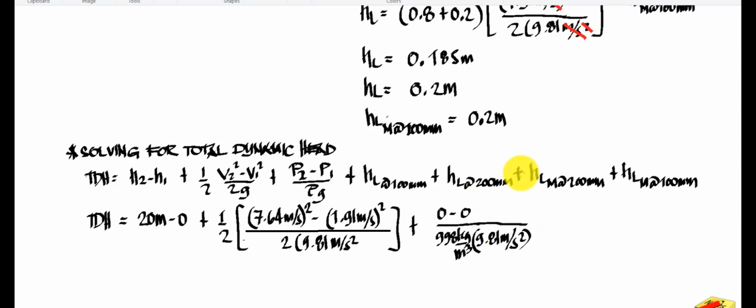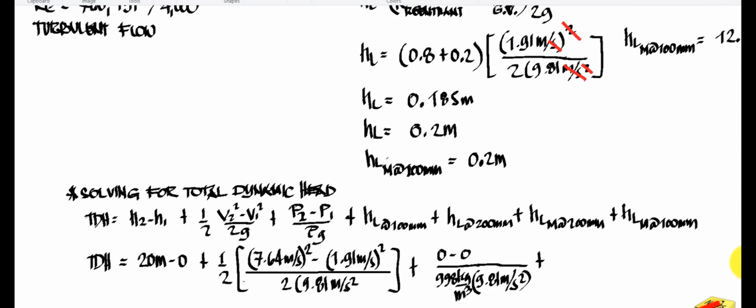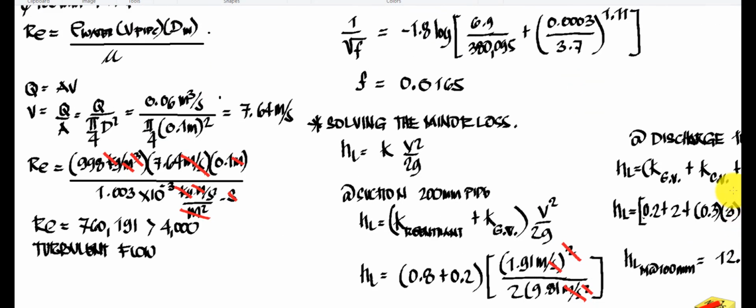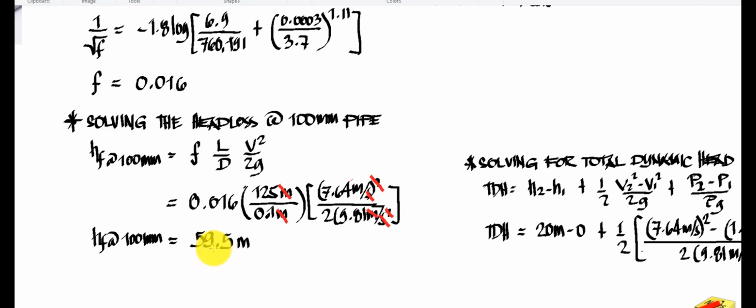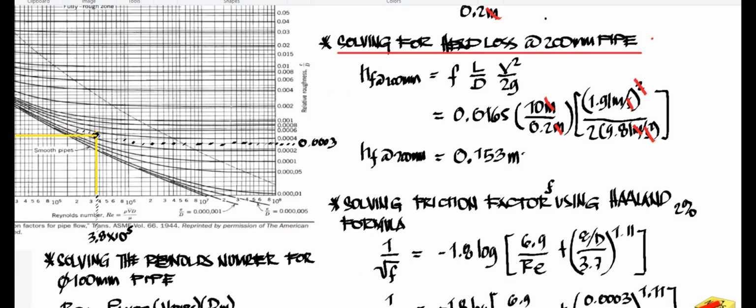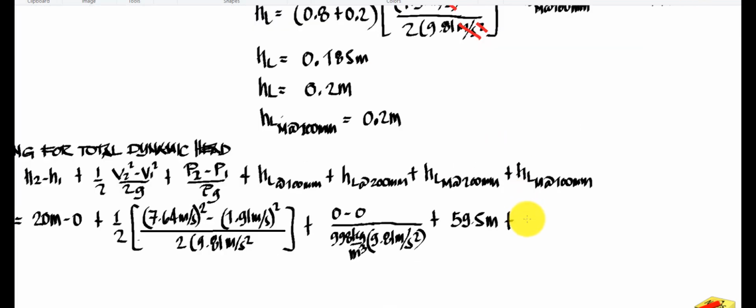Okay. Then plus we have the head loss at the 100 mm pipe. So we have the head loss, which is 59.5 meters. So add that one, that will be 59.5 meters. Then plus for the 200 mm, so for the 200 mm, we have 0.153 meter.